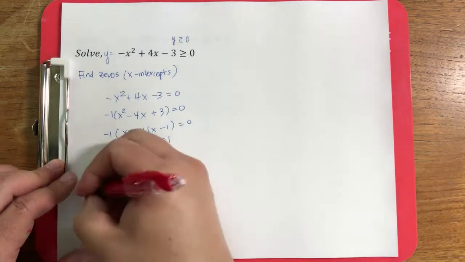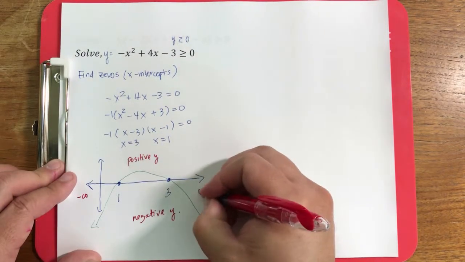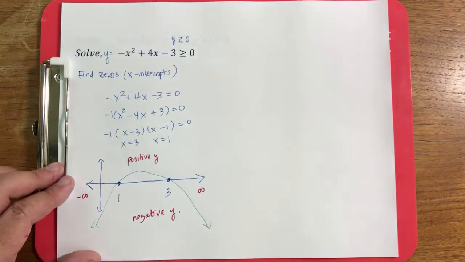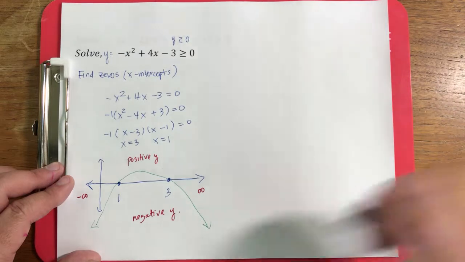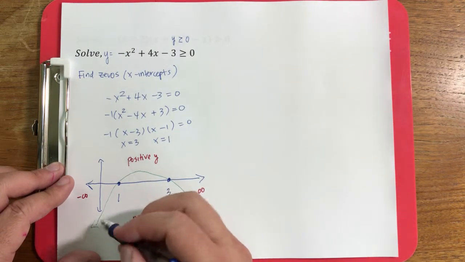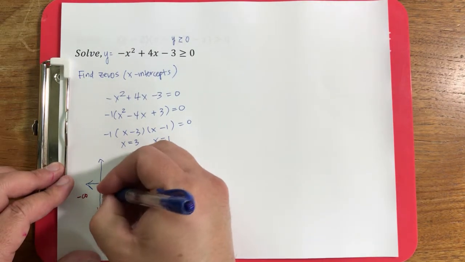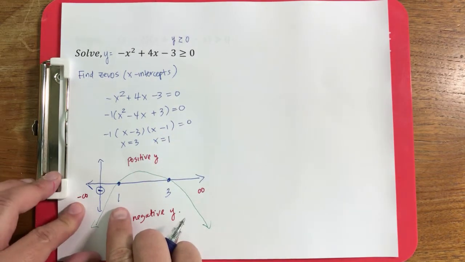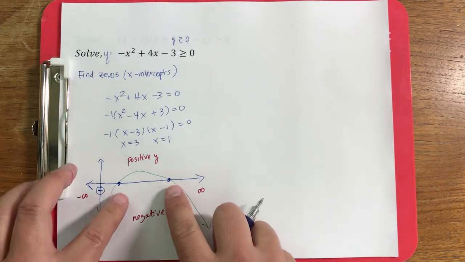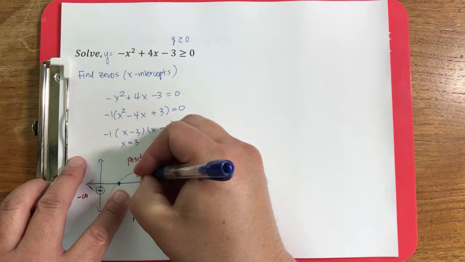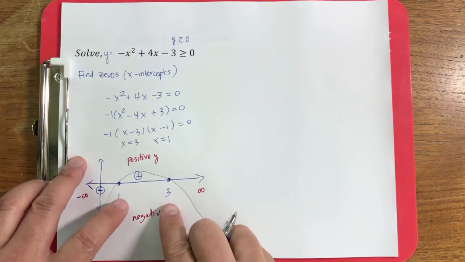And we can see that this graph is in the negative area between -infinity and 1. The graph is in the positive y area between 1 and 3.